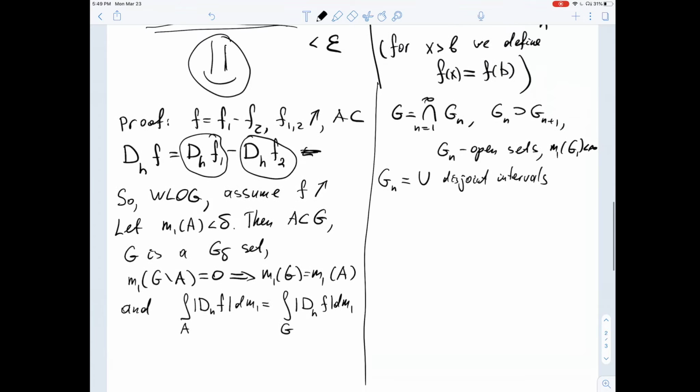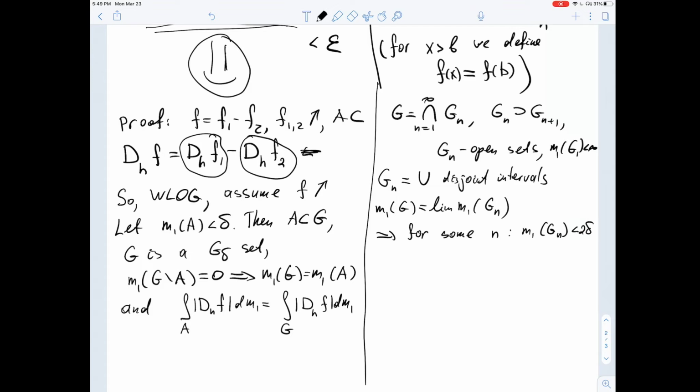Okay, and so we know that the measure of G is equal to the limit of the measures of Gn. So at some point, for some n, we'll get that the measure of Gn is less than 2 delta, for example.